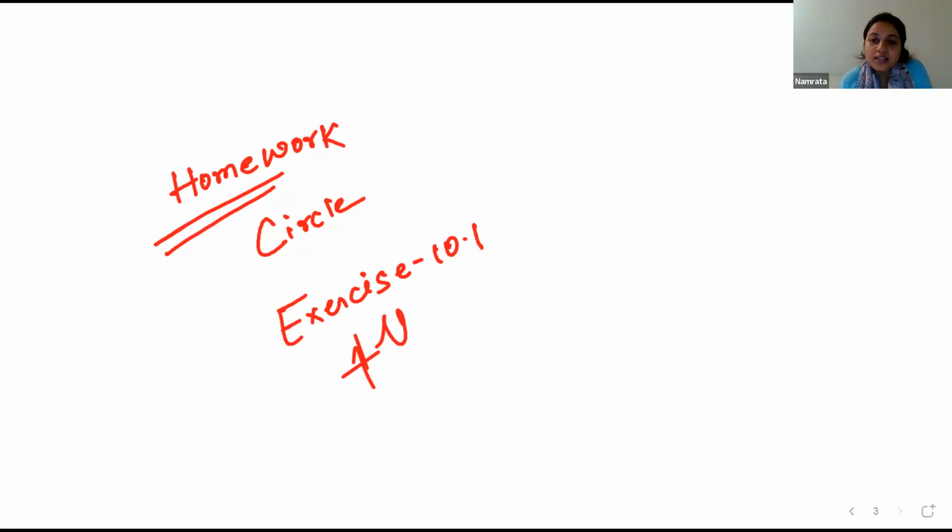Jaslene and Madhiha, you have to attempt the full exercise from 10.1. Before showing you how you will attempt the test, do you want to ask anything from whatever we have discussed, if anything is not clear?